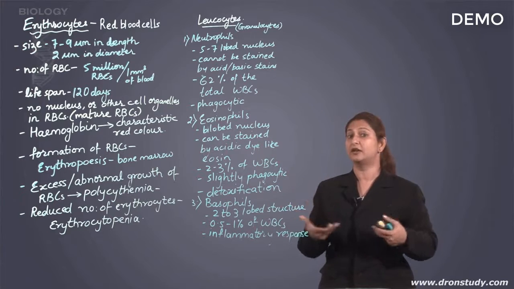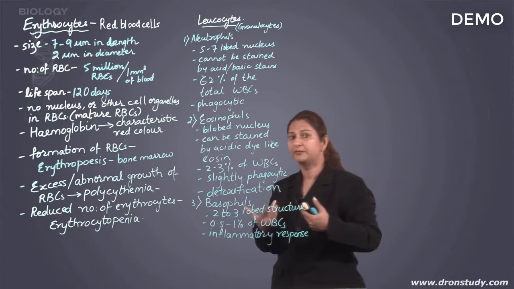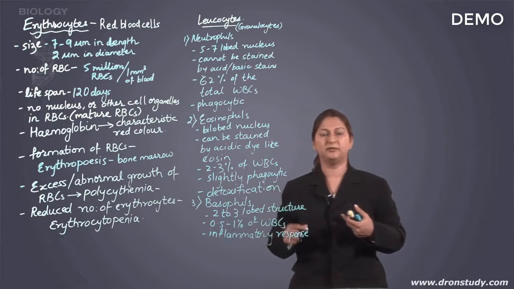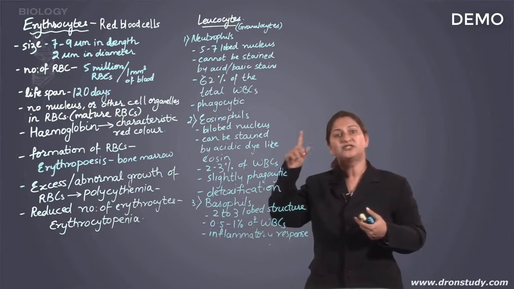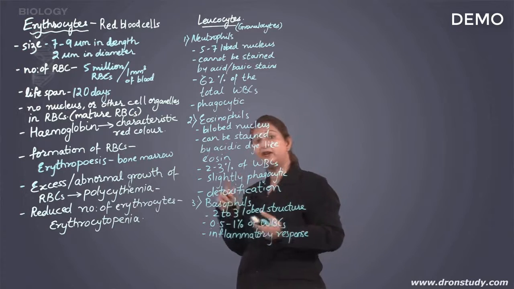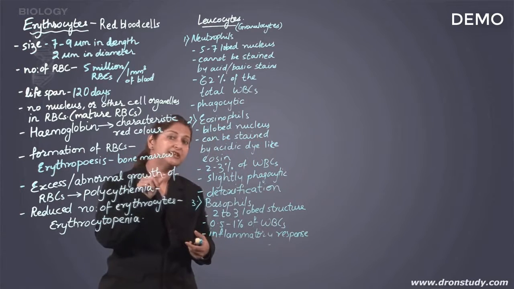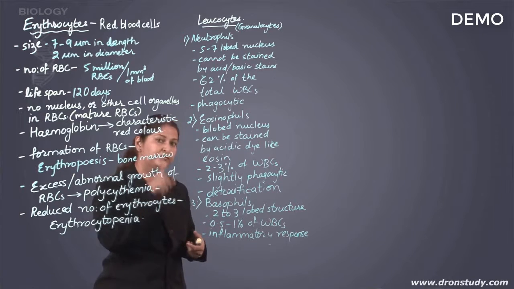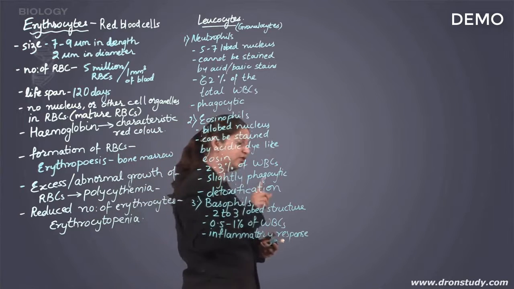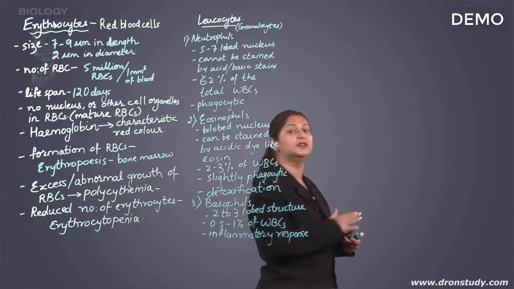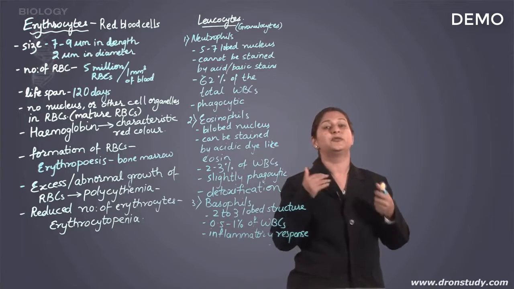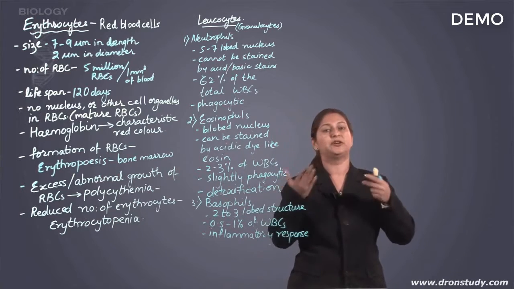The soldiers are woken up to fight with that microorganism, and those WBCs which are trained to kill that microorganism which has been purposely introduced in the body will remain in the circulation for many, many years. And that is how we are protected from that particular disease.